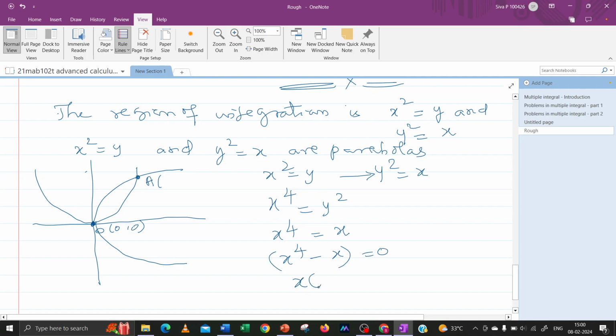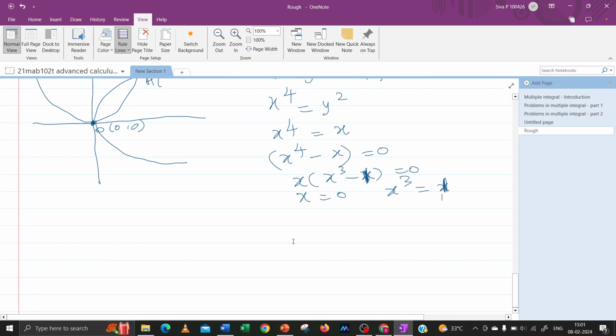Taking x outside, x into x cube minus 1 equal to 0. Either x equal to 0 or x cube minus 1 equal to 0. So x cube equal to 1, so x equal to 1. But what is the value of y square?